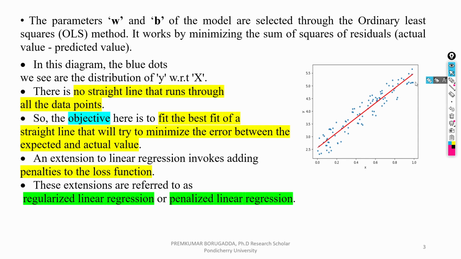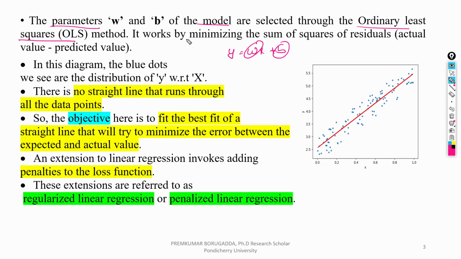In the linear equation y is equal to wx plus b, w and b are the parameters of this model. These parameters are selected through the OLS method, the ordinary least squares method.